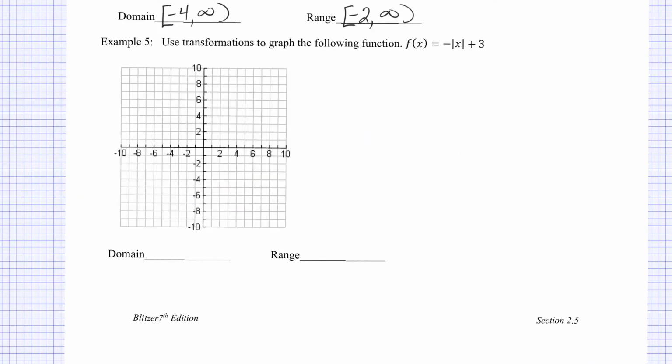Now, my next example is f of x equals the opposite of the absolute value of x plus 3. I'm going to go through that same set of steps by first asking what is my parent function, and in this case that's y equals the absolute value of x, and then what transformations are going to be taking place.